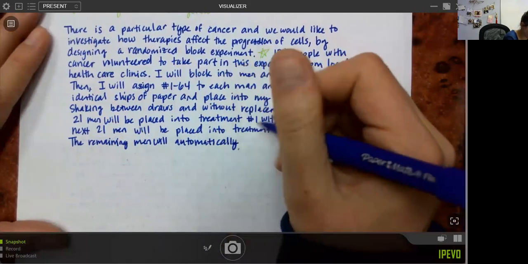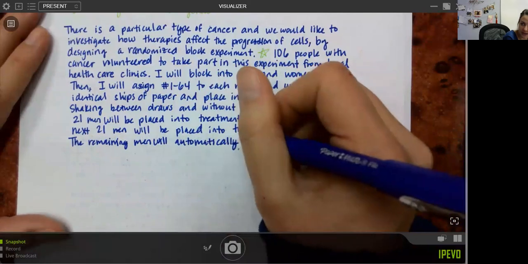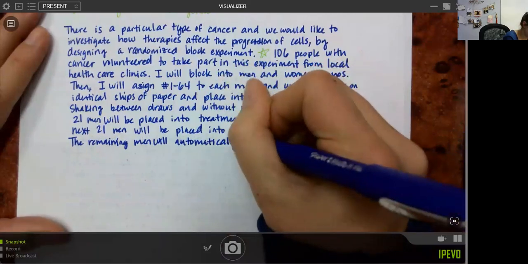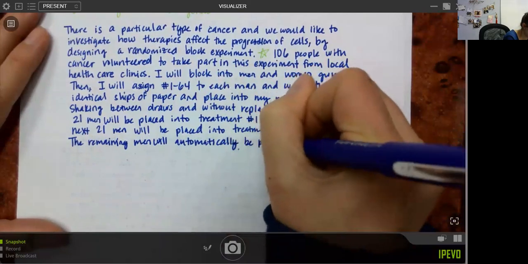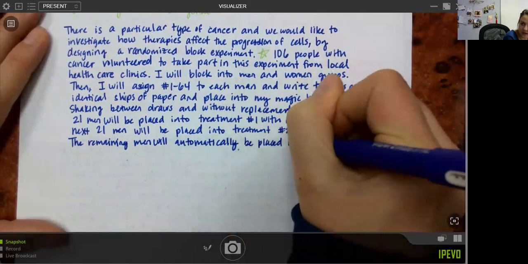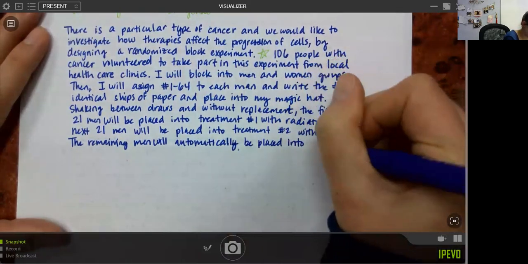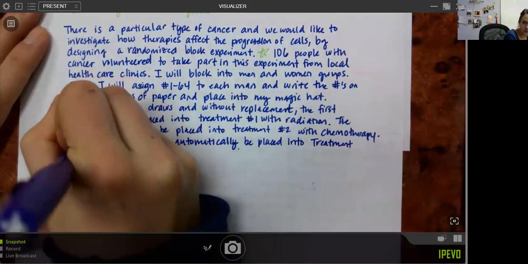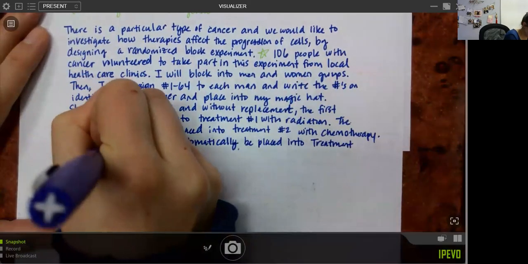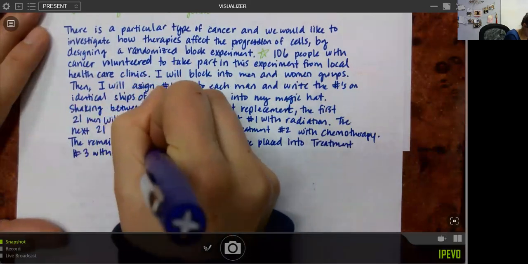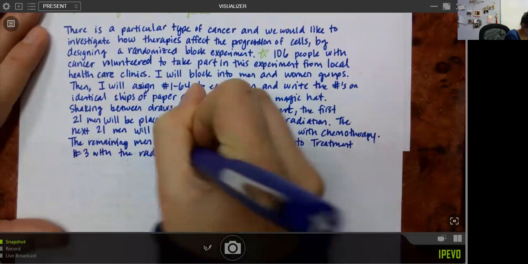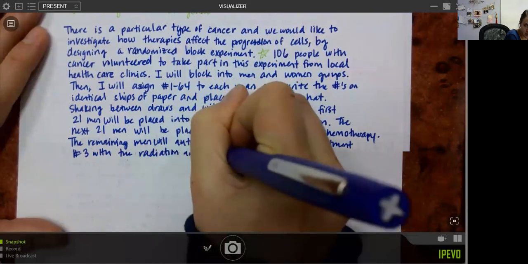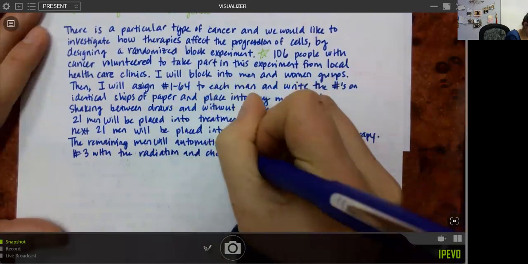So the remaining 22 men will automatically be placed into treatment 3 with the radiation and chemo combination.